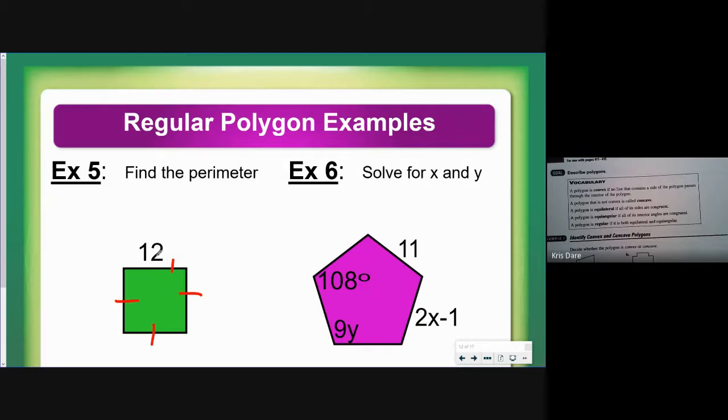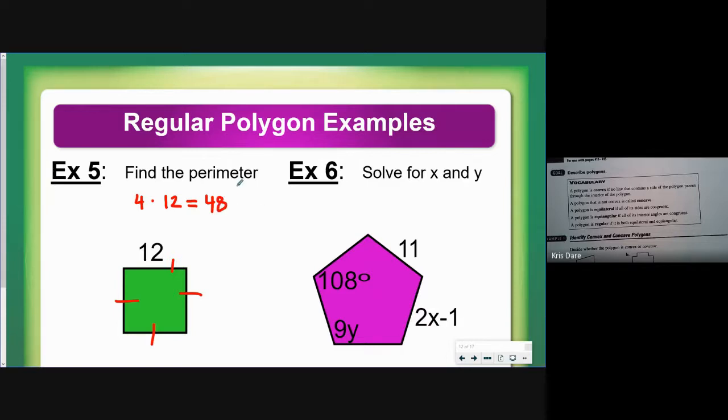They gave me this 12 on this one side. If I want to find the perimeter, I would just take 4 times that one side. So the perimeter is 48. That's not very hard to do.